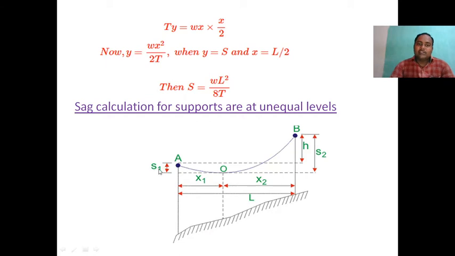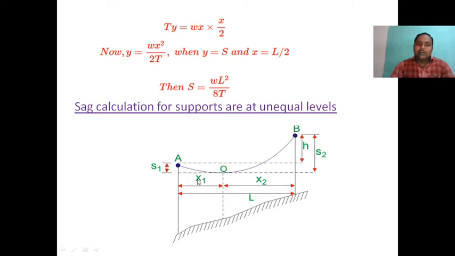Because the supports are at unequal levels, there are two sags, sag S1 and sag S2. The difference between the two sags is H, which is H equal to S2 minus S1.